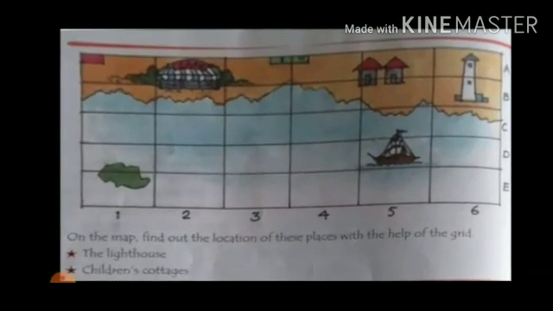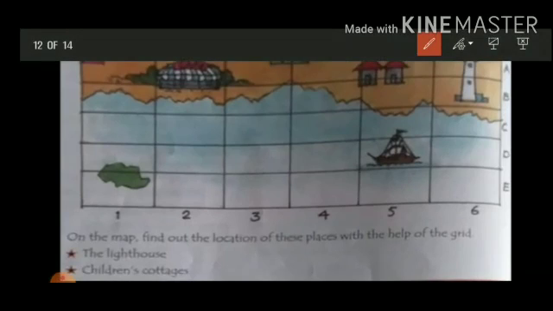Look at this picture. Here we can see different things located at different places. We can also see that horizontal and vertical lines intersect each other and form many grids. So, how do we number the grids? See, vertically we have numbered A, B, C, D, E, and horizontally we have given numbers 1, 2, 3, 4, 5, 6.